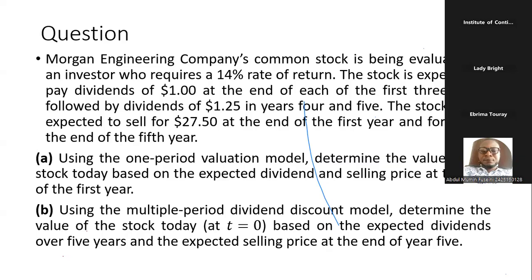Using the one-period valuation model, determine the value of the stock today based on the expected dividend and selling price at the end of the first year. Using the multiple period dividend discount model, determine the value of the stock today, time T0, based on the expected dividends over 5 years and the expected selling price at the end of year 5.